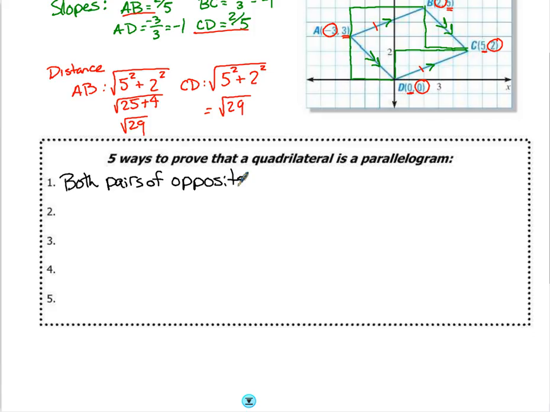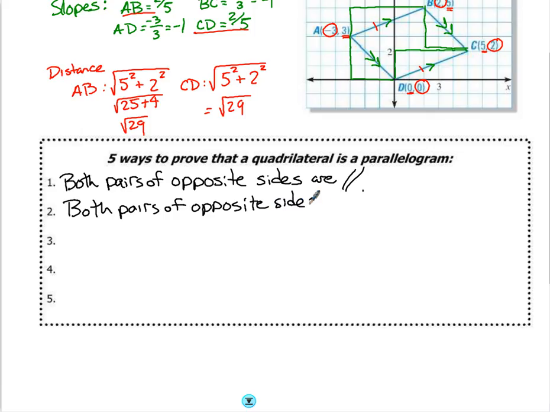If both pairs of opposite sides are congruent, I also know I have something that would create a parallelogram.